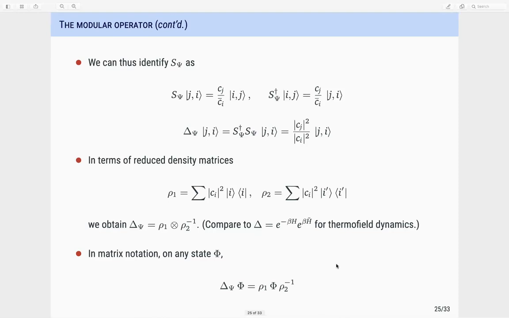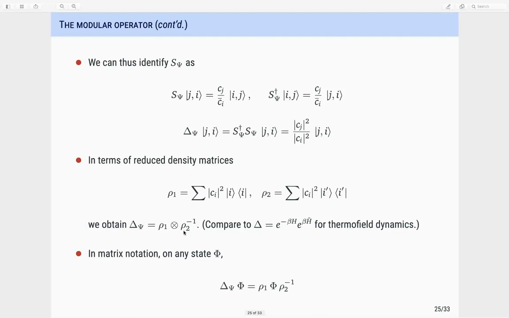Okay, thank you. So once I have rho 1 and rho 2, which I showed you a moment ago, namely rho 1 corresponds to tracing over states in the southern hemisphere, the C operators that I showed you, and rho 2 corresponds to tracing over things in the northern hemisphere, which means tracing over the B operators I showed you. Now the inverse exists because one of the premises of the Tomita-Takesaki theorem is that you have a cyclic and separating state.